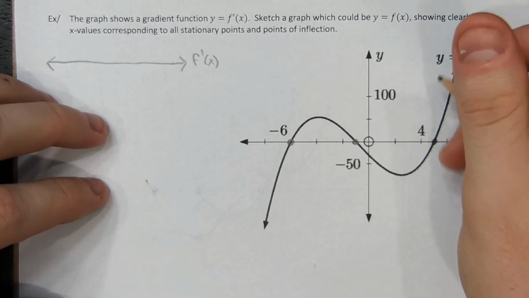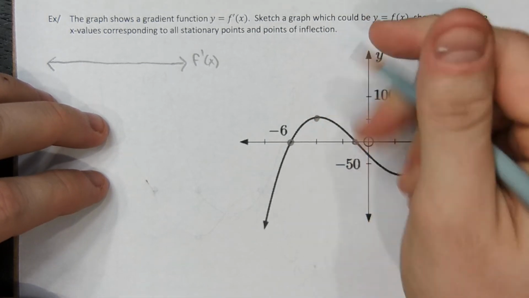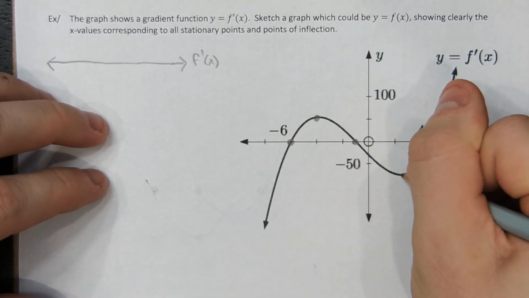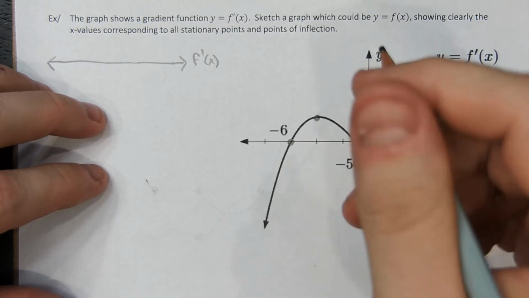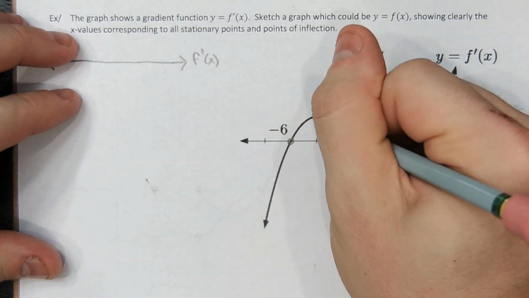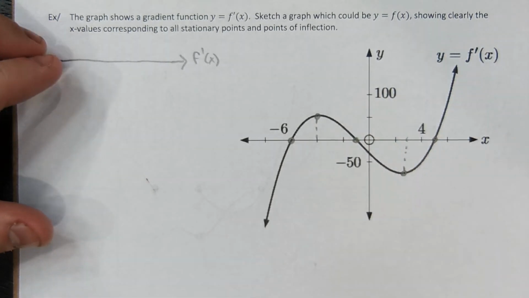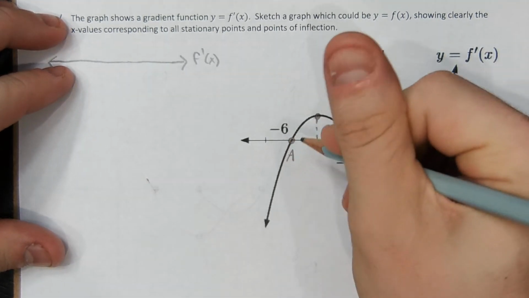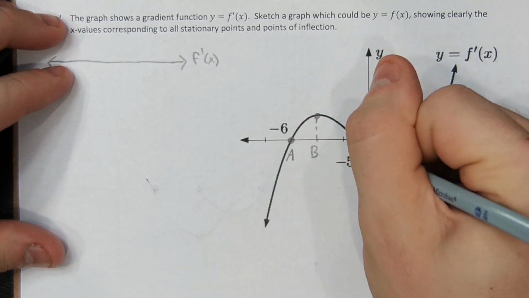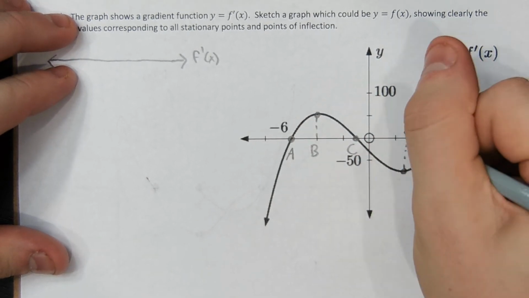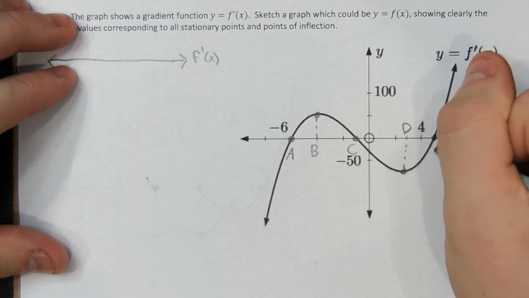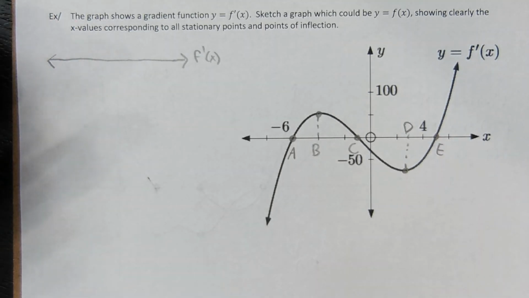Then we have flat spots here and here. All right, let's track these down and up like that and name them A, B, C, D, and E.